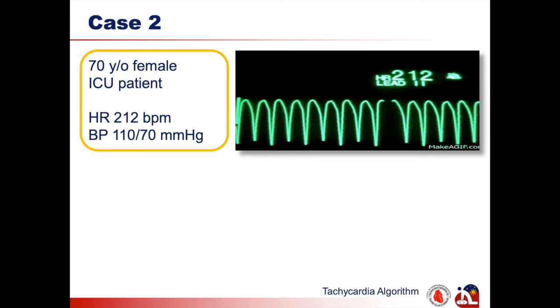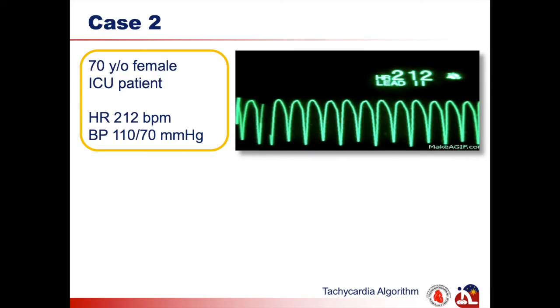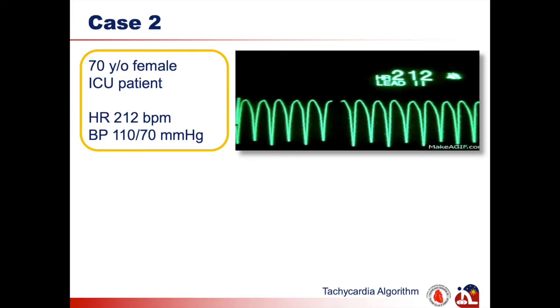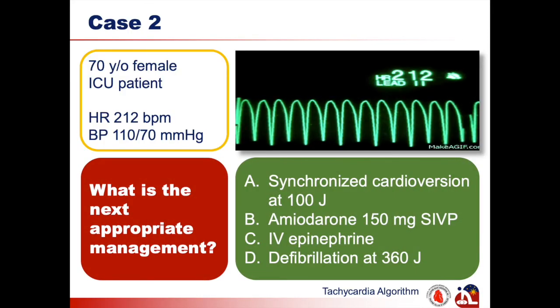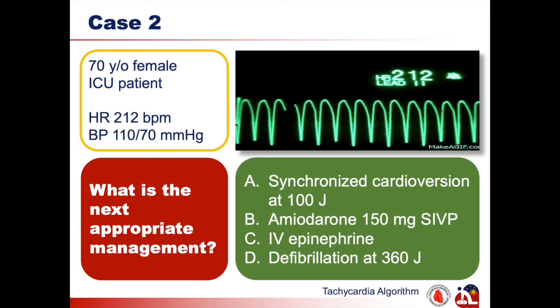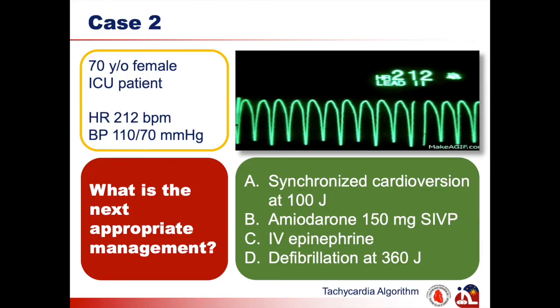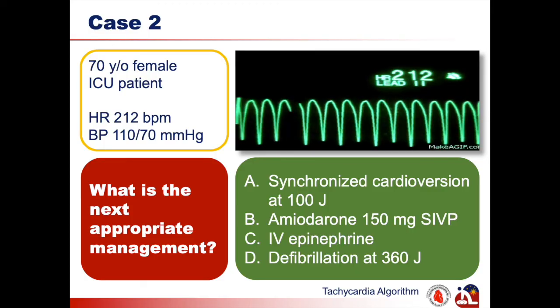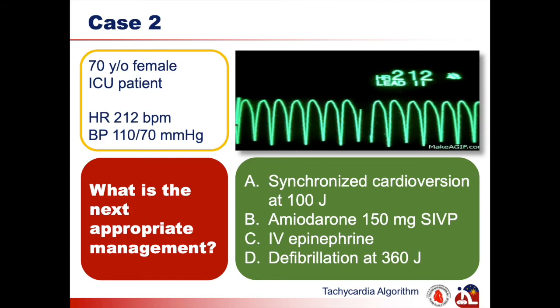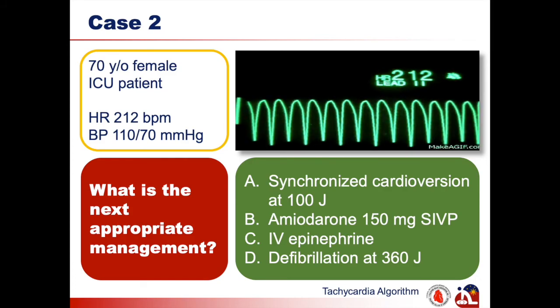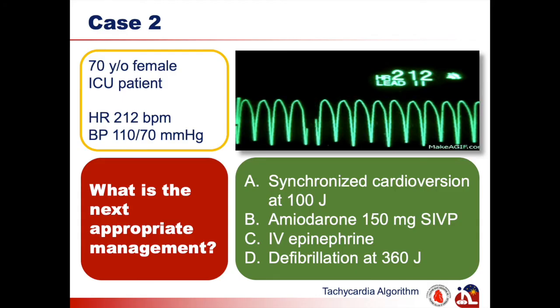On reassessment, the patient's blood pressure goes up to 110/70 mm mercury. What is your next appropriate step? A. Synchronize cardioversion at 100 joules. B. Give IV amiodarone 150 mg slow IV push. C. Give IV epinephrine.